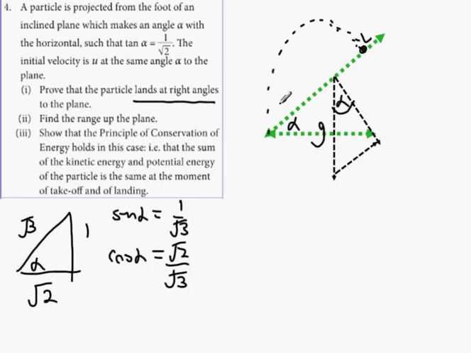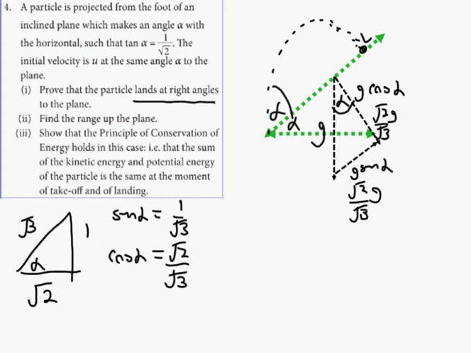Alpha. This is also thrown at alpha. So for our gravity triangle, we're going to have g cos alpha here. And we know that g cos alpha is root 2 g over root 3. We're going to have g sine alpha over the other side, which is going to be root 2 divided by root 3 g.